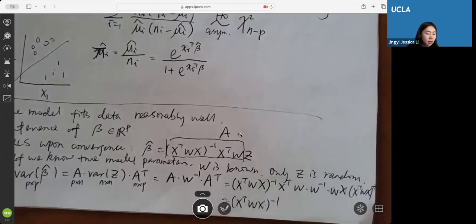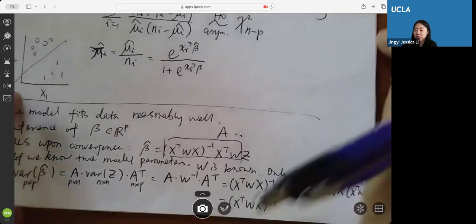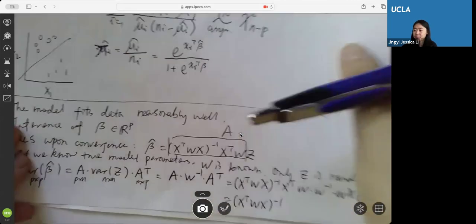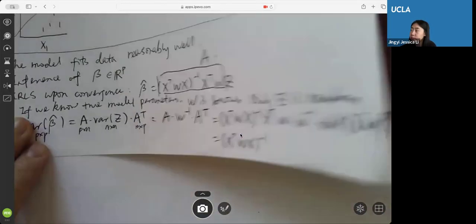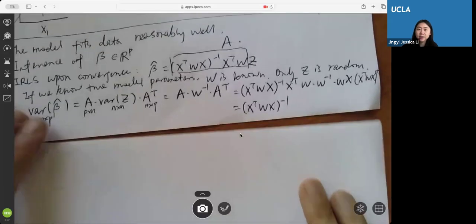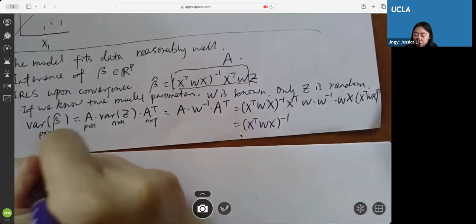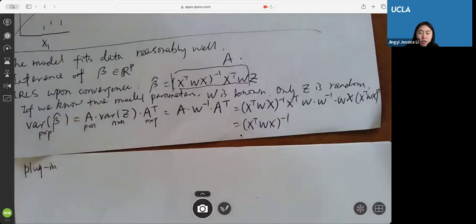But in reality, that's my next step. In reality, we don't know model parameters, we don't know W. So what do we do? This is a technique used throughout statistics. It's known as plug-in. For plug-in, we just replace parameters we don't know by their estimates.